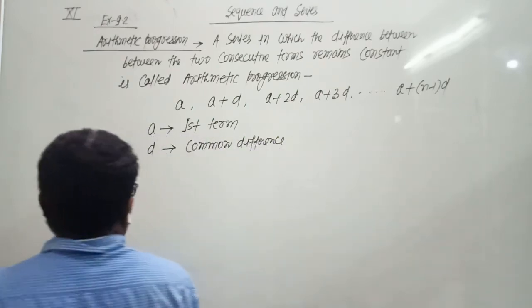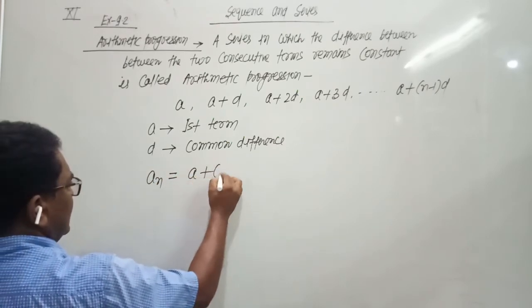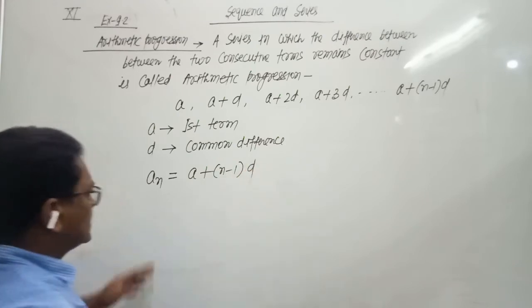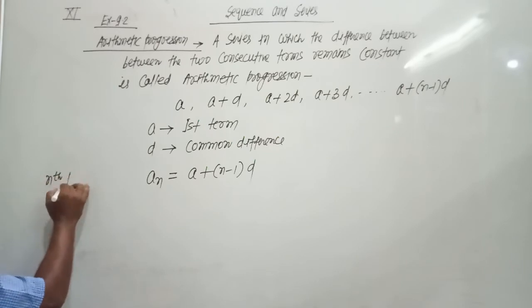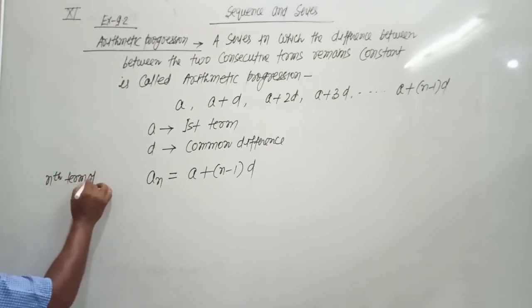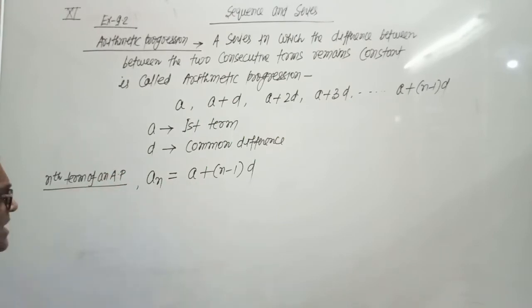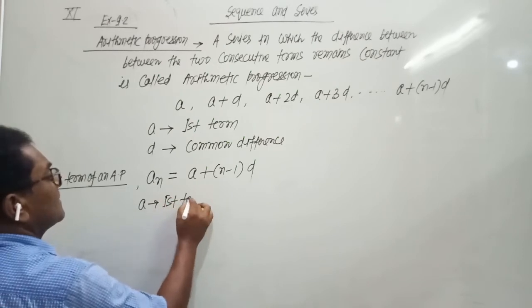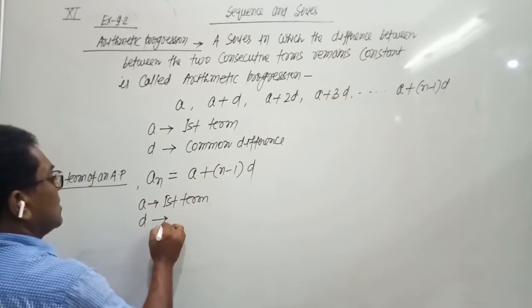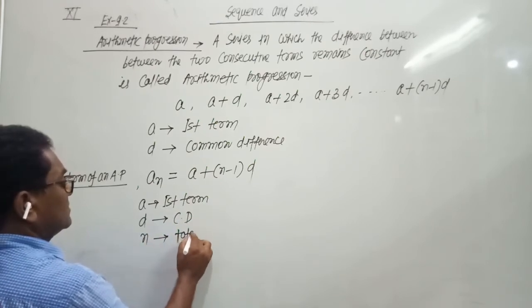And the nth term of the AP is given by An equals A plus n minus 1 into D. This is the formula for the nth term of an AP. The nth term of an AP is given by An equals A plus n minus 1 D, where A is the first term, D is the common difference, and n is the total number of terms.